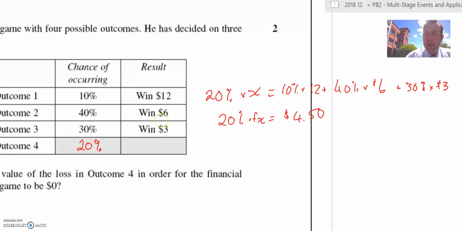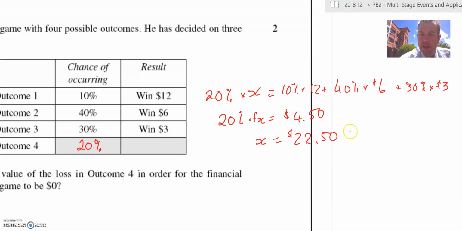These expectations work out to a win of $4.50, but I need to cancel it out. So 20% of some, whatever this loss is here, it has to cancel out those wins. Right? Now, if I multiply both sides by 5 there, I'm going to get 100%. Okay, that means that x, my unknown figure, is equal to 5 lots of 4.50, which is $22.50.